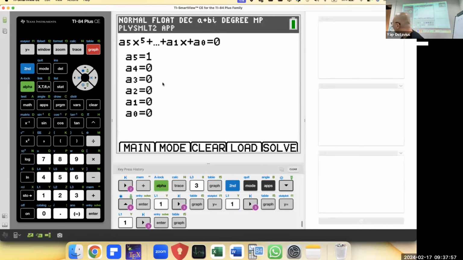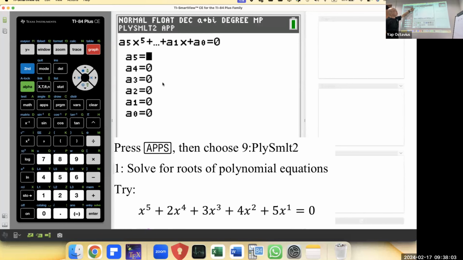Then we must interpret this. What is A5? A5 is the coefficient of x to the power 5. So in my equation, what is it? 1, right? A5 is 1. A4 is 2. A3 is the x cube, so it's 3.